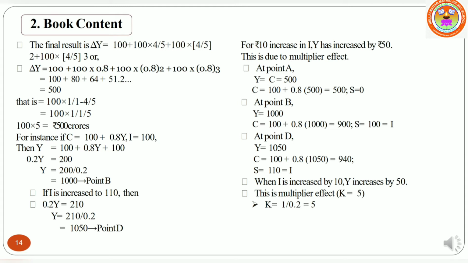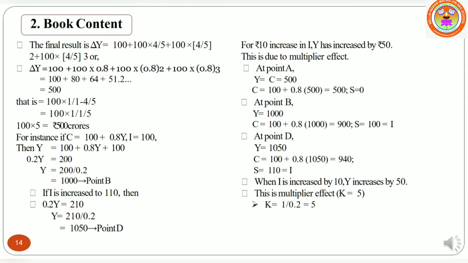And 100 into 0.8 the whole square. So 100 plus 100 into 0.8, we will get 80. 100 into 0.8 square, we will get 64. Plus 100 into 0.8 cube, we will get 51.2. And so on. So what's the answer lastly given? 500.